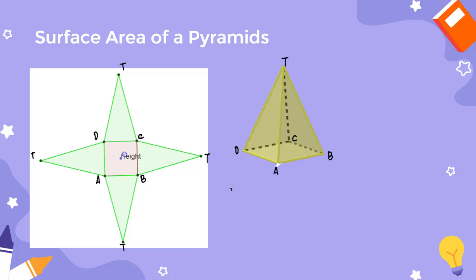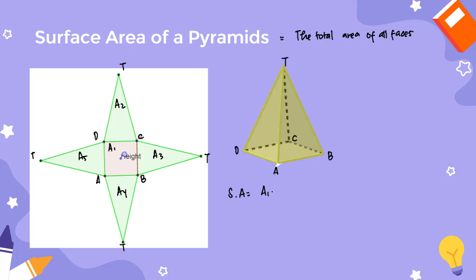I still remember what the surface area is. The surface area is basically the total area of all the faces. That means you have to add the areas of all the faces. In this picture we can see that there are 5 faces. This is area 1, this is area 2, area 3, area 4, and this one is area 5.